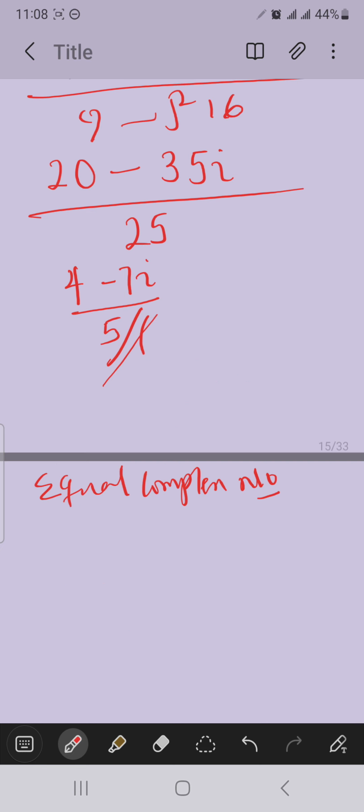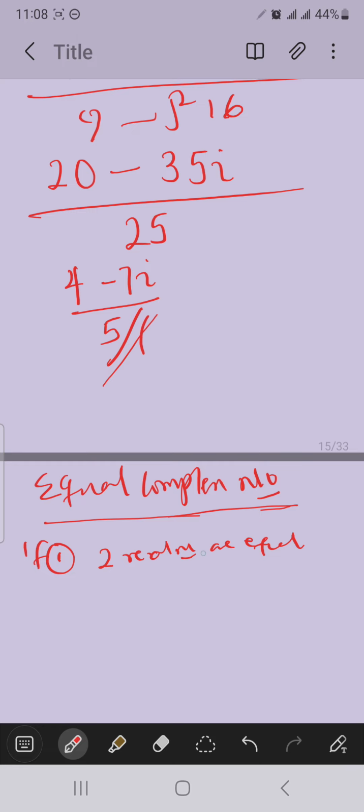Now we have equal complex numbers. There are two rules for this. Two complex numbers are said to be equal if the two real parts are equal.